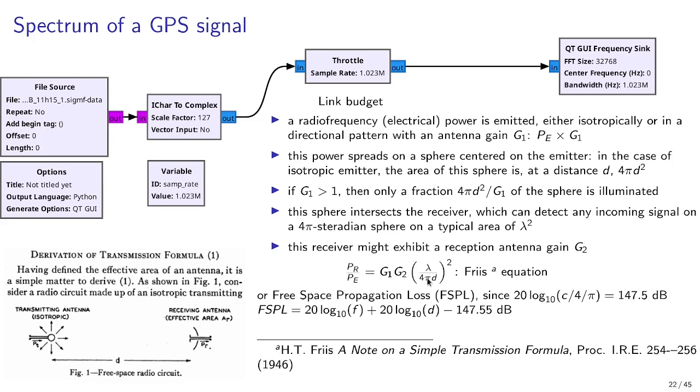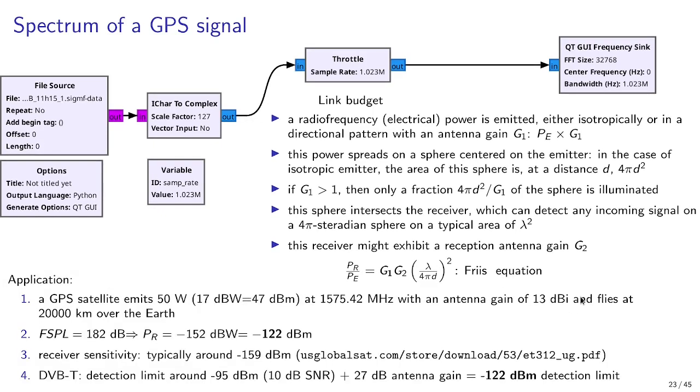In other words, by taking a logarithmic scale, the free space propagation loss of 10 log of this quantity will tell us that the losses during the propagation are 20 log of f, since the wavelength lambda has been converted to a frequency, lambda equals c over f, plus 20 log of distance, 20 because 10 log of d squared becomes 20 log of d, and the 147.55 constant is actually 20 log of the speed of light c, that was used to convert wavelength into frequency, over 4 pi.